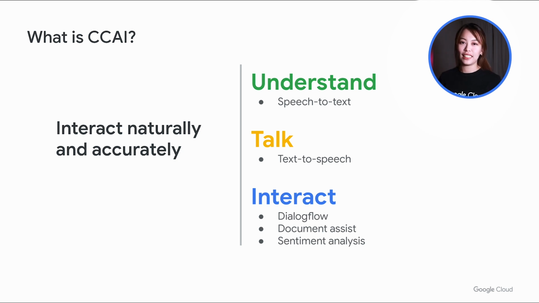Understand what customers are saying, talk to the customer in a natural manner, and interact with the customer in the conversation. We have STT or speech-to-text, TTS or text-to-speech, and Dialogflow as the building blocks of conversational AI for text and voice. And CCAI is built on top of these building blocks.